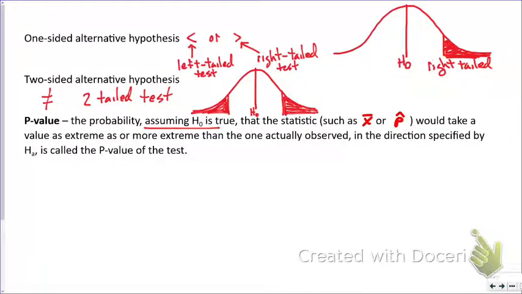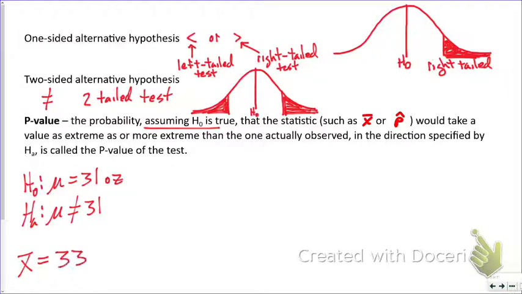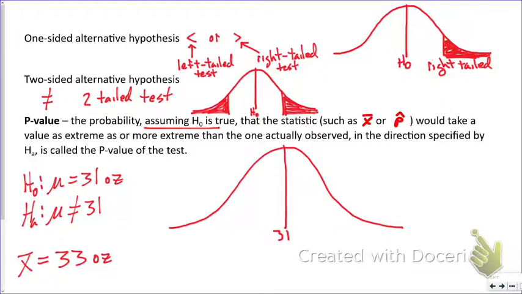So if I had a claim of 31-ounce pineapples, and I'm testing to see if they're different than 31, I take a sample. Let's say in our sample we got 33. I do some stats, we'll learn that in the next lesson, and I calculate the p-value. This would be 31, that's my hypothesis. 33 is out here.